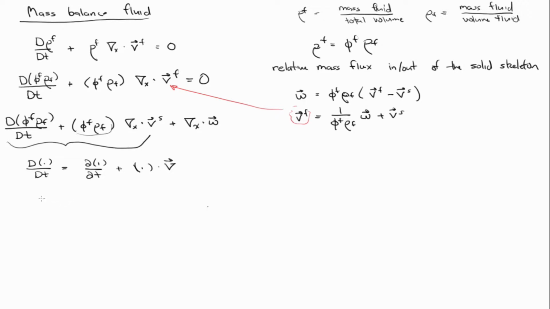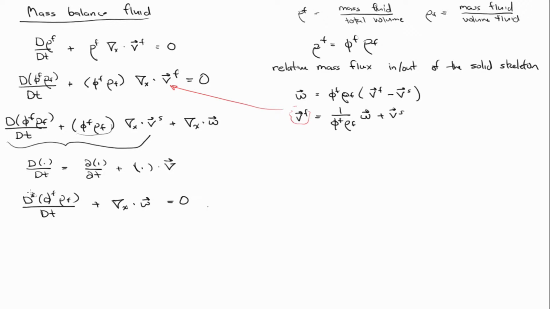So if you'll allow me to do this, I'm just going to say d^s of the fluid density over dt plus this equals 0. And in fact, going forward, I'm even going to drop the little superscripted s on the time derivative.